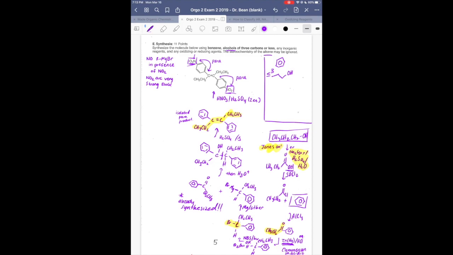Okay, so that's how I would personally do the synthesis. You could have used a Wittig reaction if you know how to make that ylide. Actually, no, I think you would still get 1 point off for that, because to create the ylide, you would have to have this.